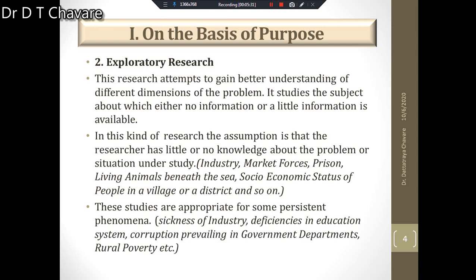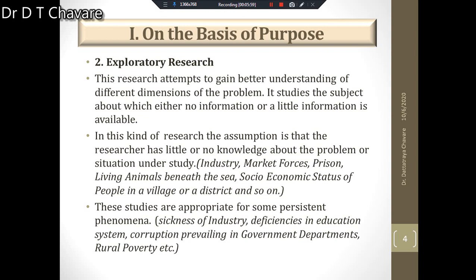With the help of this research you will definitely get better information. That's why better understanding is possible about the different dimensions of the problem. It studies the subject about which either no information or little information is available.